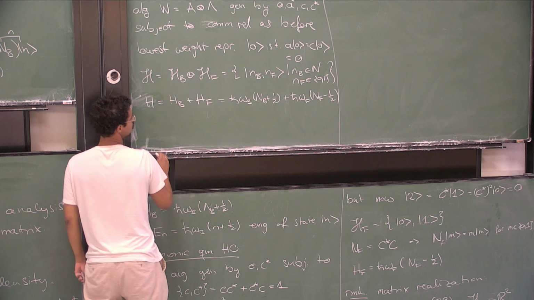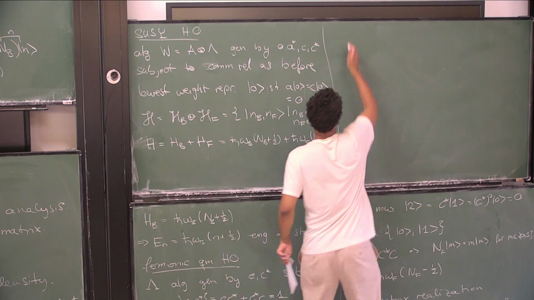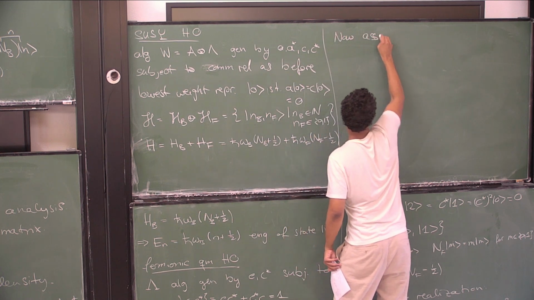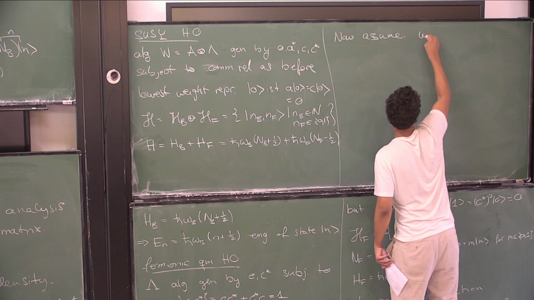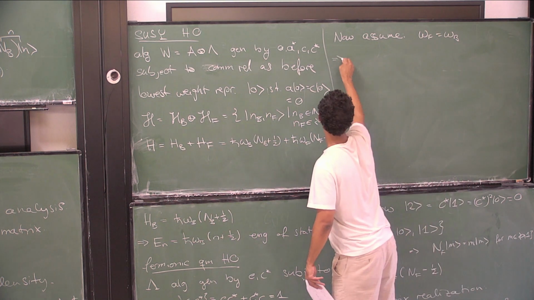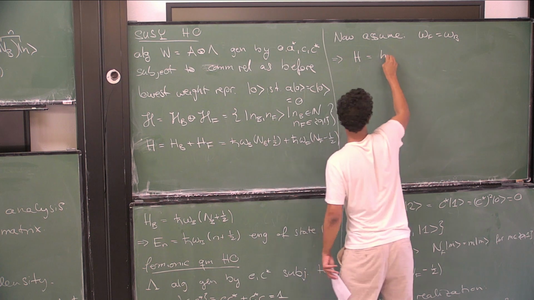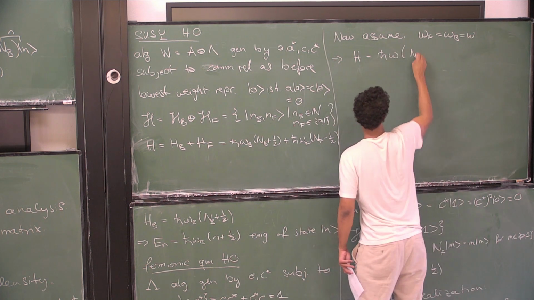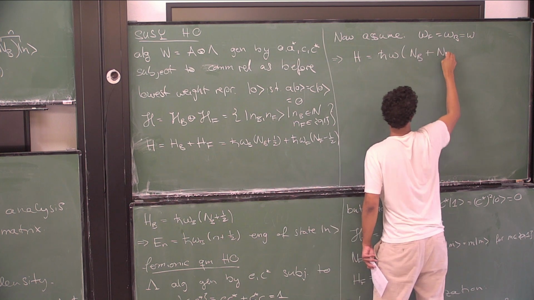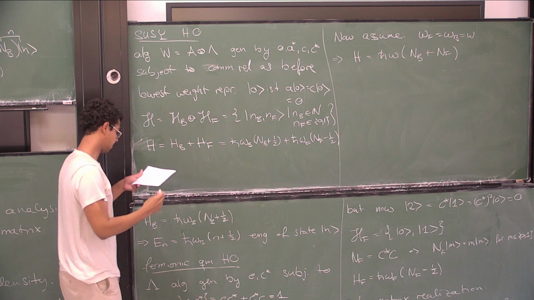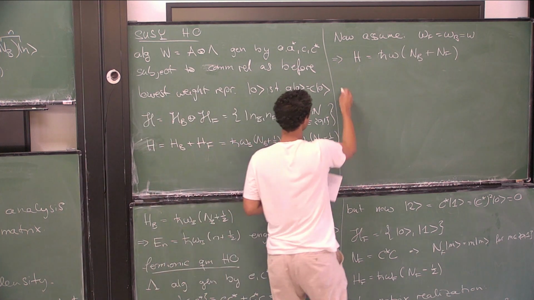Assume omega_F is omega_B. Then H, just putting this to some frequency omega, just looks like N_B plus N_F. And why is this actually great? Observations.